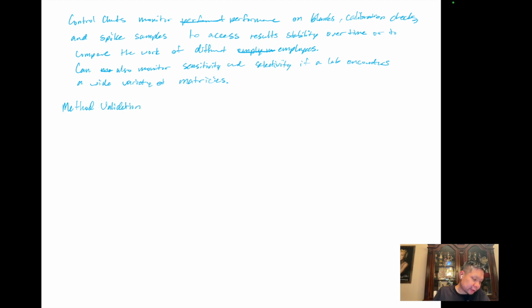I've already thrown around this term to you multiple times because you've already done it, when you did the uncertainty budget for the balance and the micropipetters and the burette. That is a form of method validation. So what is the formal definition for method validation?